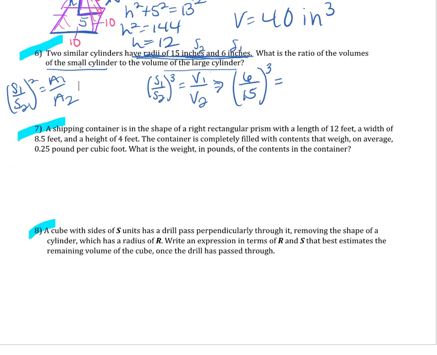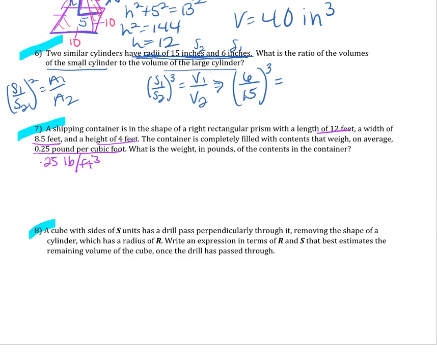All right, a shipping container is in the shape of a right rectangular prism with a length of 12 feet, a width of 8.5 feet, and a height of 4 feet. The container is completely filled with contents that weigh on average 0.25 pounds per cubic foot. What is the weight in pounds of the contents of the container?